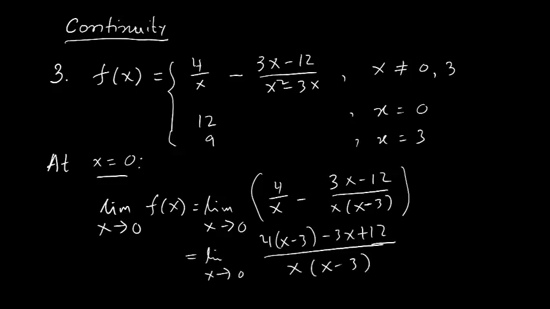So when I simplify with the common denominator, you can see that you get common denominator x times x minus 3, and this 4 times x minus 3, and then other side will be like negative 3x when you distribute this negative plus 12. So further simplify.